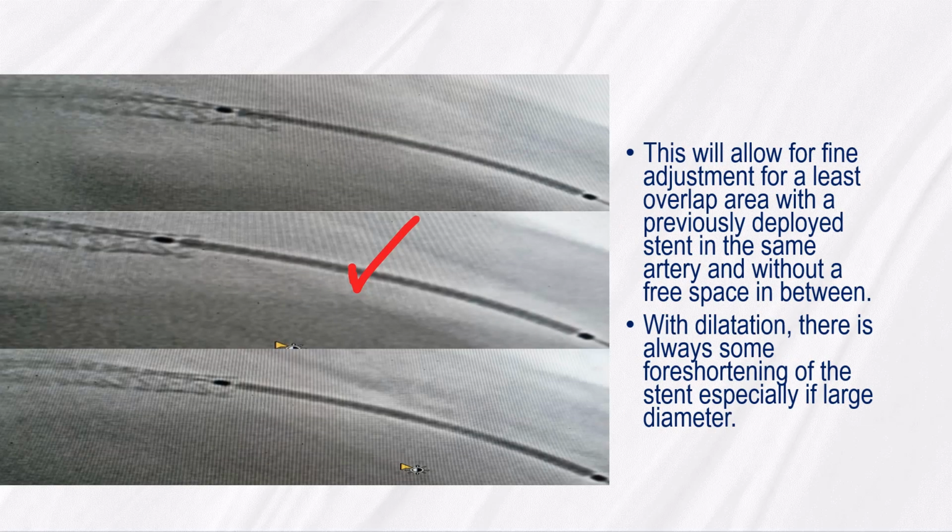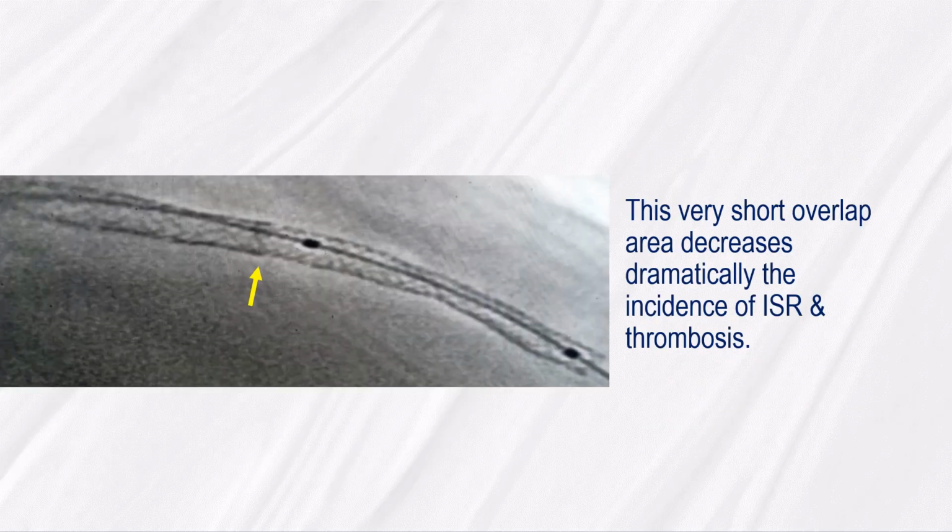This will allow for fine adjustment for a least overlap area with a previously deployed stent in the same artery and without a free space in between. With dilatation, there is always some foreshortening of the stent, especially if large diameter. This very short overlap area decreases dramatically the incidence of restenosis and thrombosis.